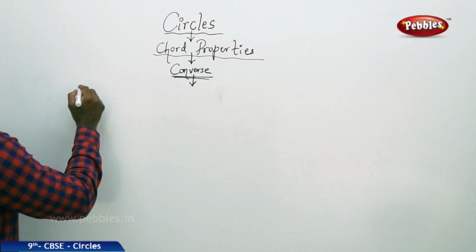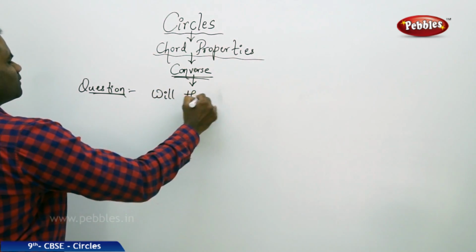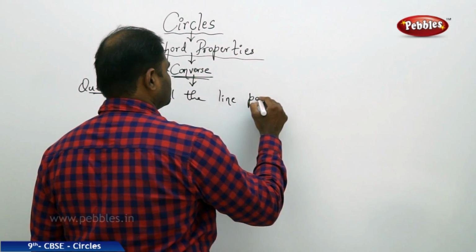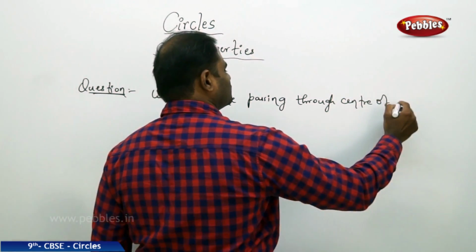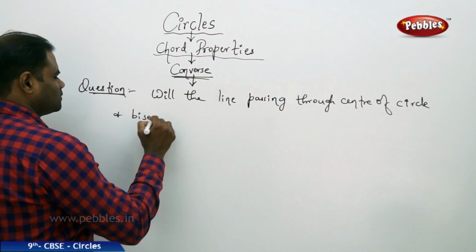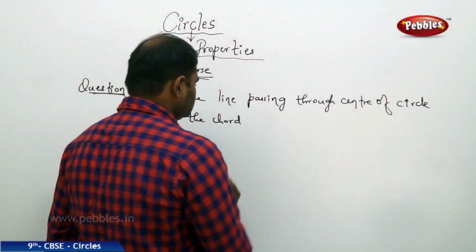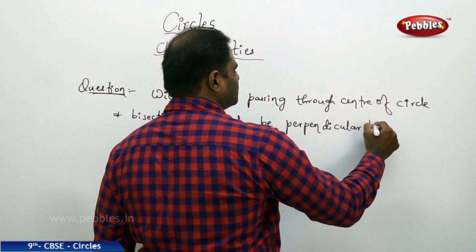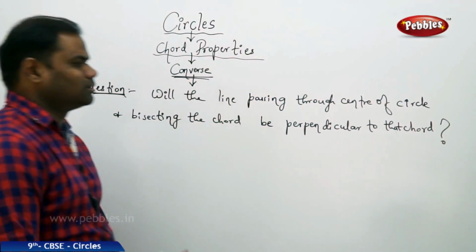My converse question comes out to be: will the line passing through the center of the circle and bisecting the chord be perpendicular to that chord, is my question here.